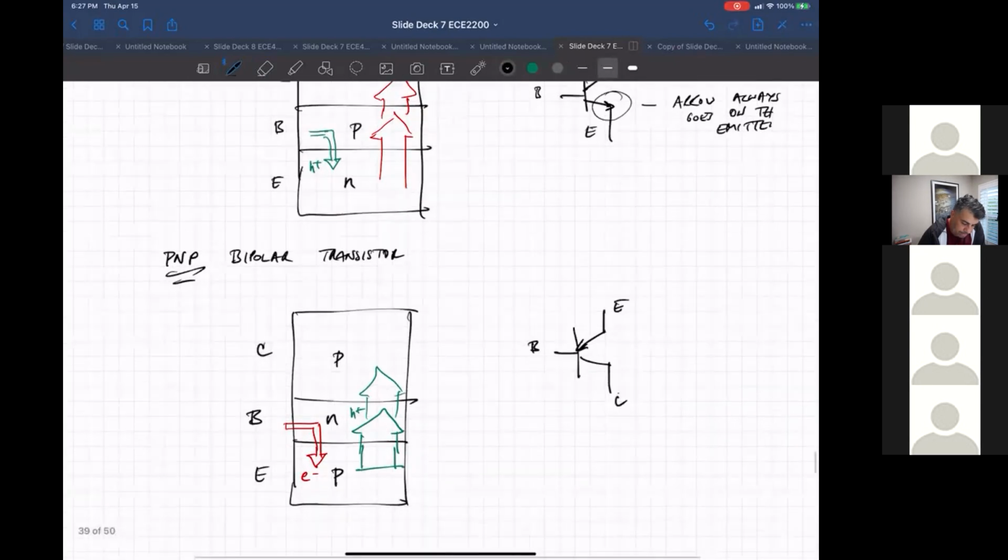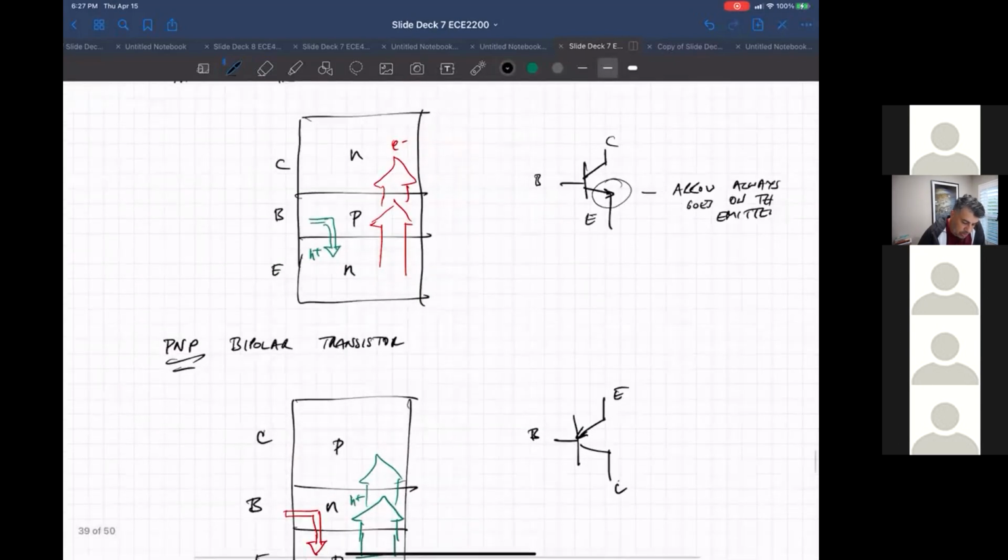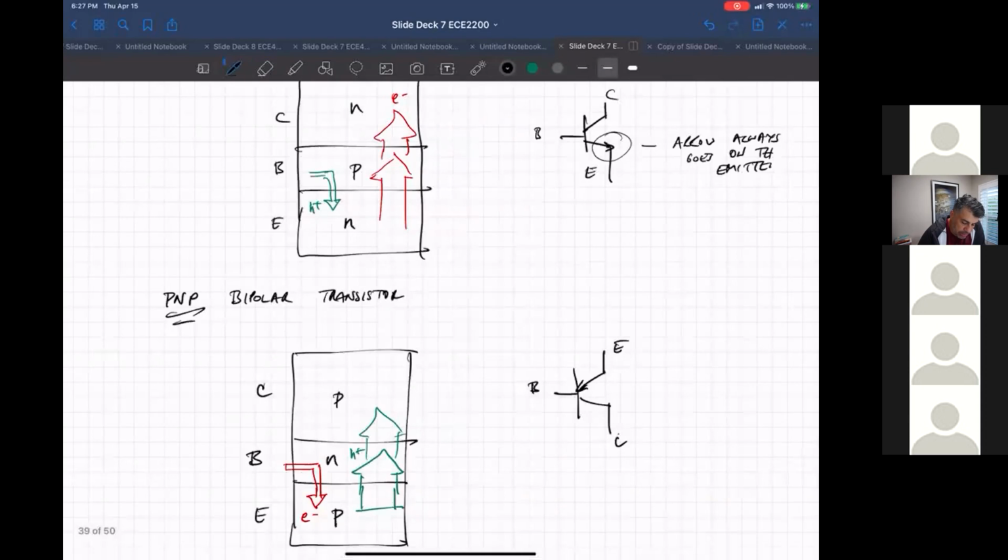And collector. Basically, to put this in forward active mode, you want the base to be below the emitter. Remember, this is a P-N junction, so you want the N of the base to be below the emitter. Then you want the collector to be further below the base to make this a reverse bias junction.